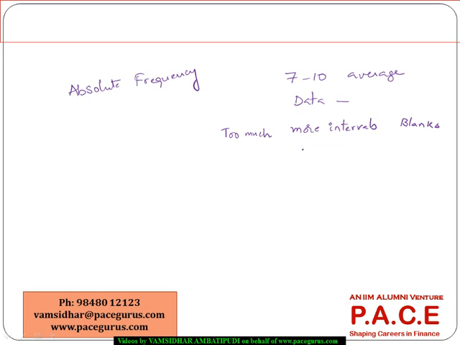Whereas on the other side, if I am using very few intervals, the summarizing is too much. Heavy summarizing is happening on the data, and probably the patterns of the data are completely lost because not too much detail is going into it. So we have to be very careful.